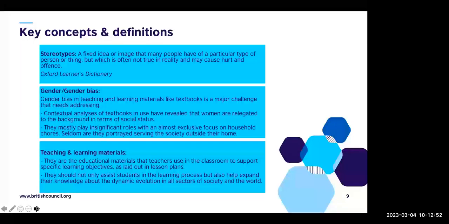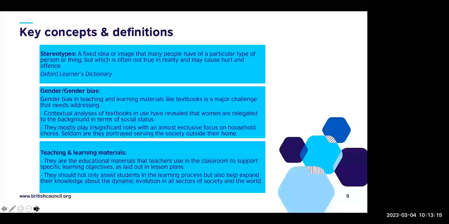And we know that gender bias in teaching and learning material like textbooks is a major challenge, and we think that it needs addressing. If we take our context, the contextual analysis of textbooks in use in our country reveals that women, not all of them, of course, but some of them, are relegated to the background in terms of social status.